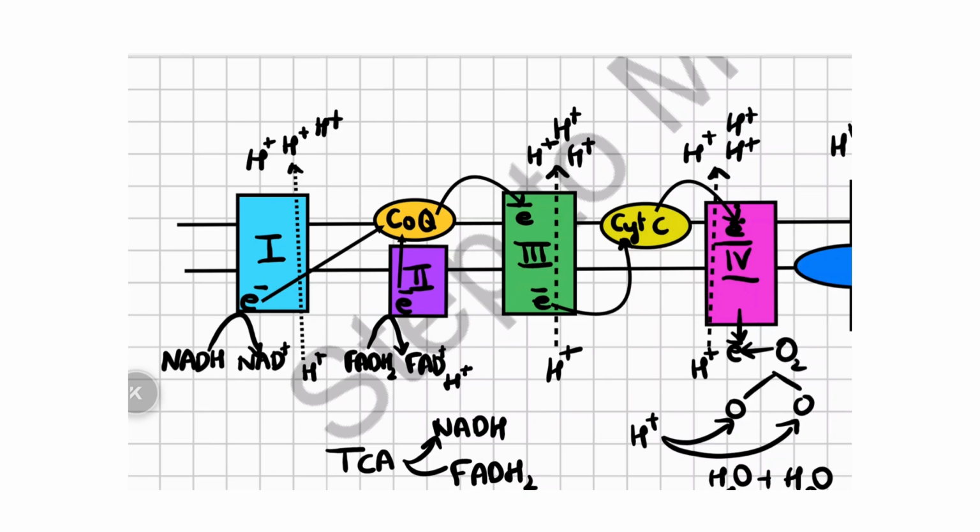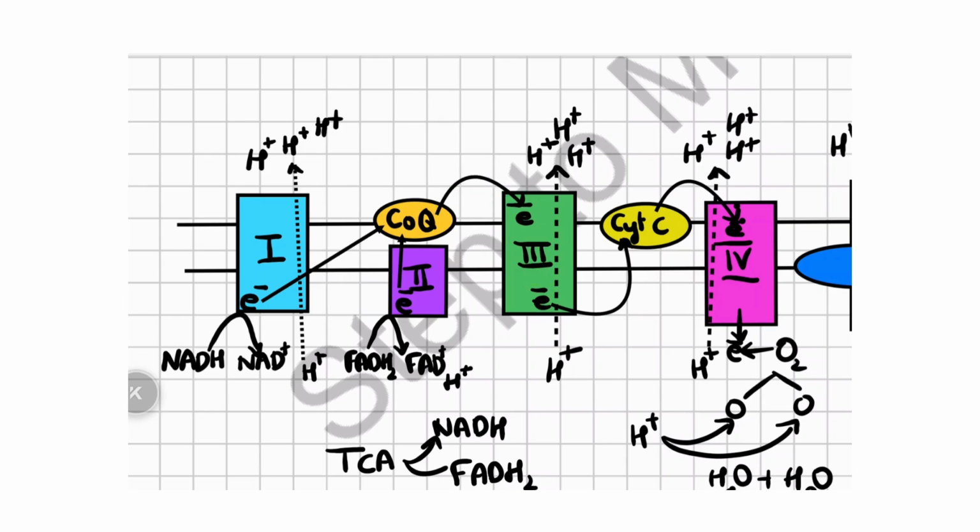Unlike complex 1, complex 2 can't move protons from the matrix into the intermembrane space. So instead, it sends its electrons to coenzyme Q. Now, coenzyme Q has electrons from both complex 1 and complex 2. Once it's collected the electrons, coenzyme Q passes down the electrons to complex 3.